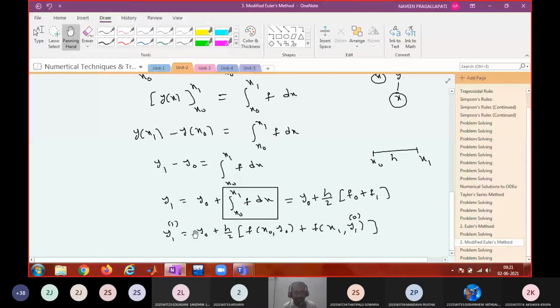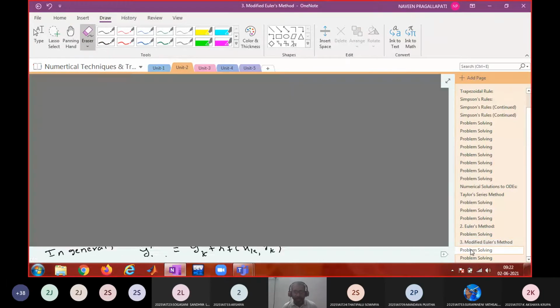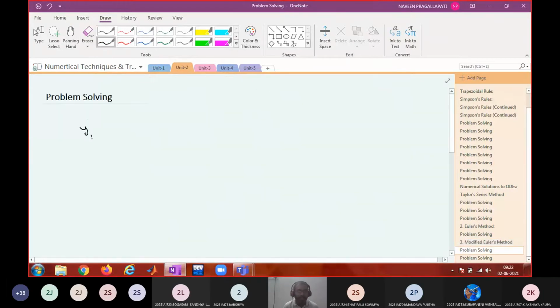And if you want to improve this value of y1, then what do you do? You repeatedly apply the same formula again. That means if I want y1 power 2, what will be y1 power 2? Because we have an estimate for y1, this is y0 plus h/2 into f(x0, y0) plus f(x1, y1 power 1), obtained through this formula.